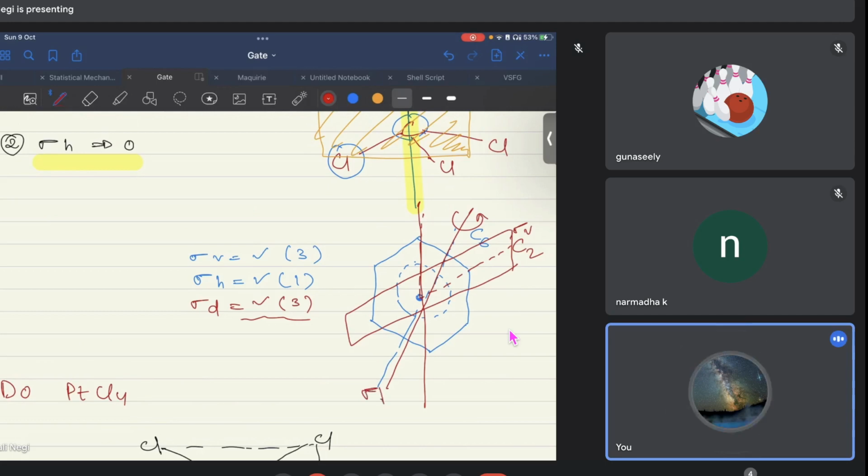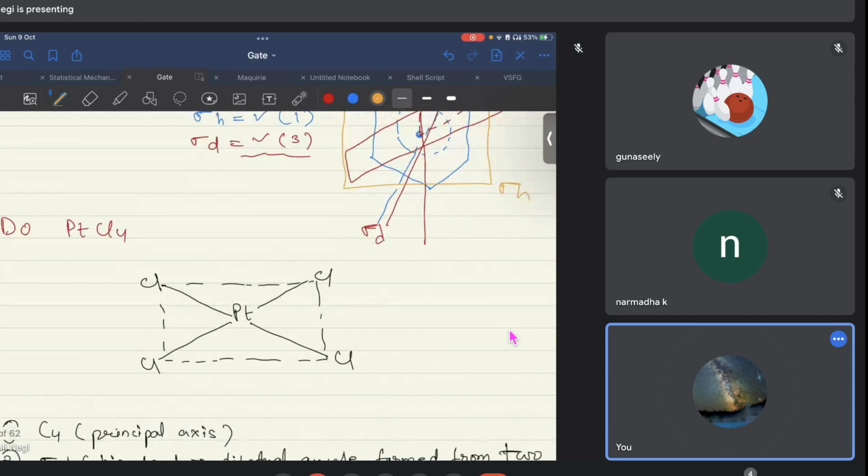And this one is sigma d, dihedral, and again there is a horizontal plane present in this, which is cutting. For example, just imagine that it will cut the benzene planar ring into two halves, such that half of the atoms are above and half of the atoms are below the sigma h plane, okay. So here in benzene we have sigma v, sigma h, and sigma d, all three mirror planes present.